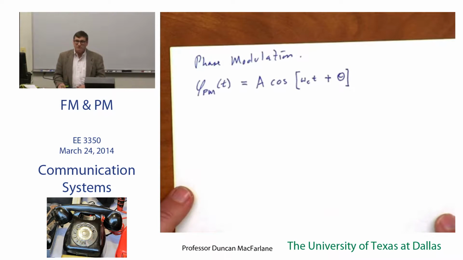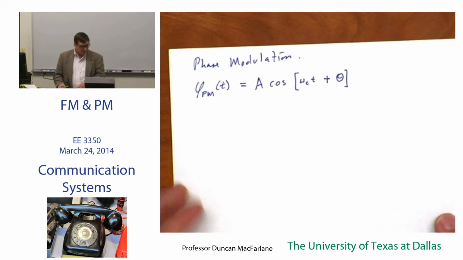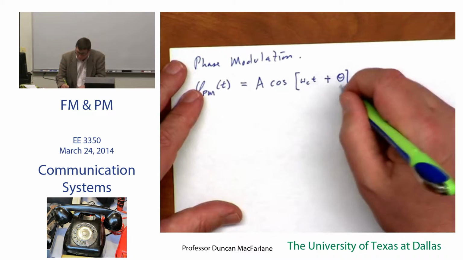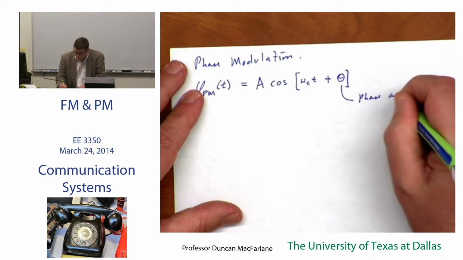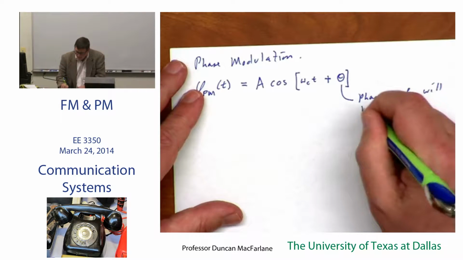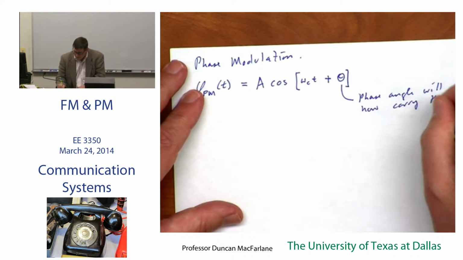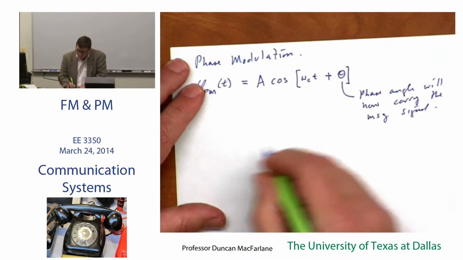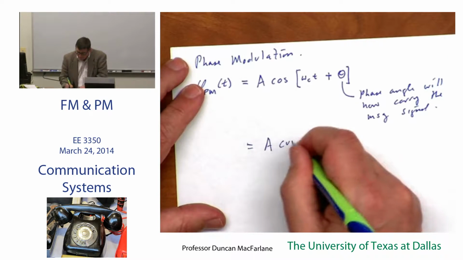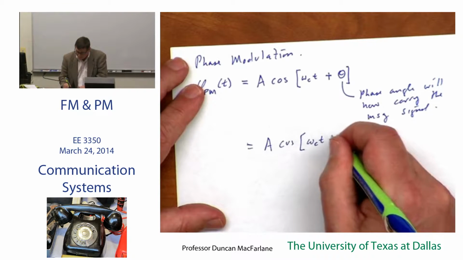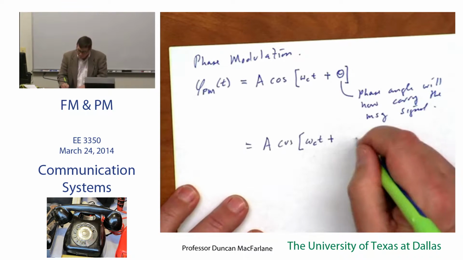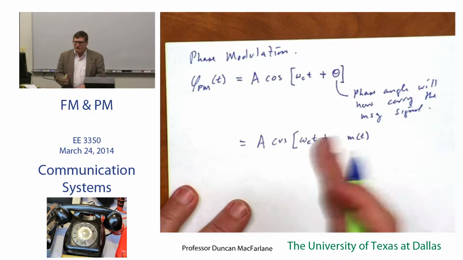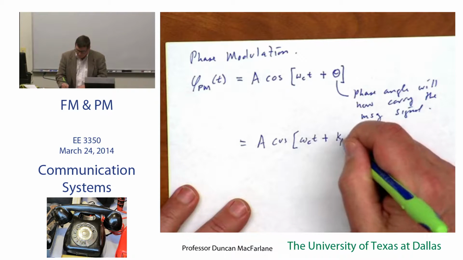I'll write it as theta. And this phase angle will now carry the message signal. So I'll write A cosine of omega c t plus m of t, the message signal, and I'll reserve the right to scale it a little bit by some constant k sub p.